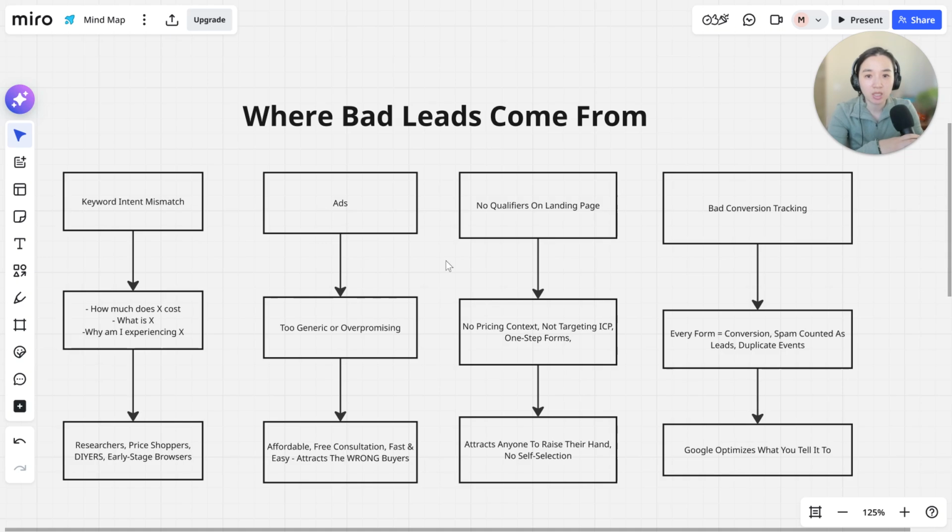The next column here is no qualifiers on landing pages. This is a big problem that I see. What happens is someone will search, they'll see the ad, they'll go to your landing page, but there's no pricing context. You're not pre-qualifying people. You're not speaking to their pain point.